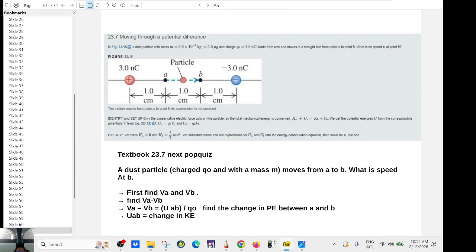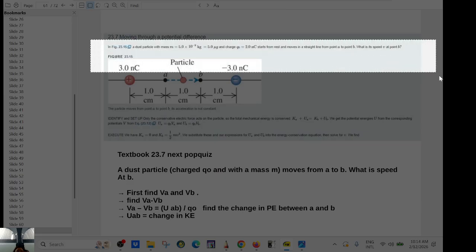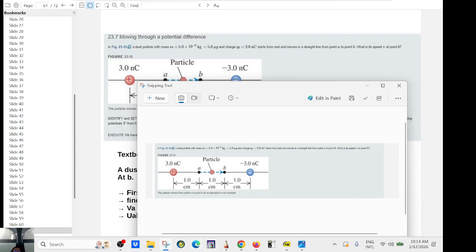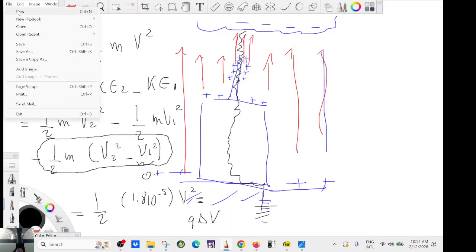And yes, 10 to the negative 9. Okay, so try to do it. You can talk to each other.